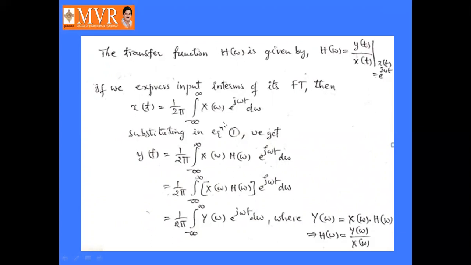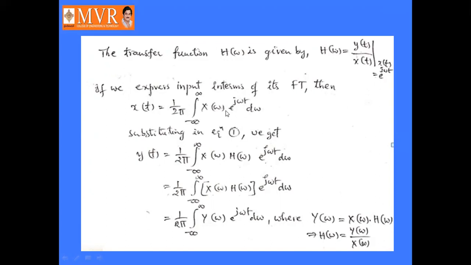Substitute this expression of x of t in equation number 1. What is equation number 1? y of t equal to x of t into h of omega. So the x of t value is 1 by 2 pi into the integral of x of omega into e power j omega t d omega.